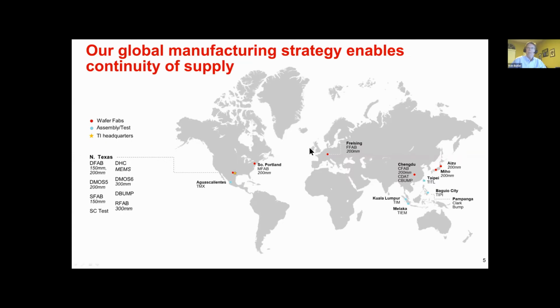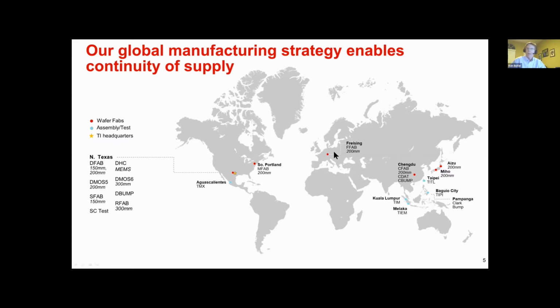This gives you a snapshot of where our businesses are located. We still have a lot of manufacturing here in North Texas, in the Dallas area. There's a list of the different fabrication facilities around here and nearby. Sherman is a facility about an hour north of us, and we have the facility that came along with the acquisition of National Semiconductor in South Portland, Maine.